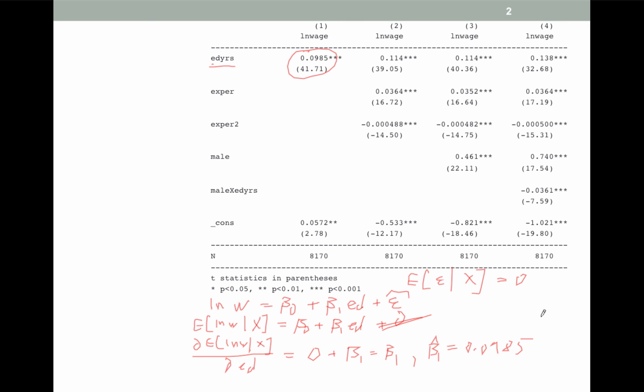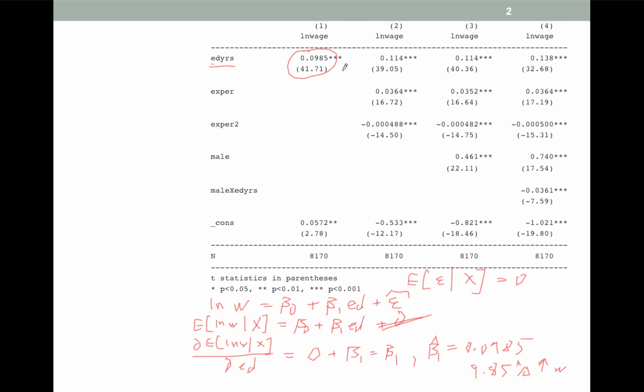Because the coefficient is pretty small, pretty close to 0, we can interpret this as the multiplicative change in the expected wage itself. That is, we expect an additional year of education to increase wages by about 9.85%, an increase in wage itself, not logged wage.